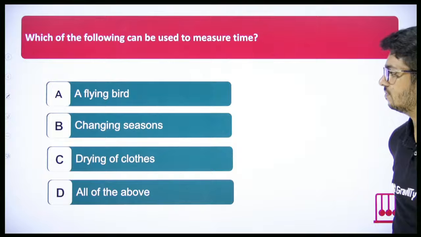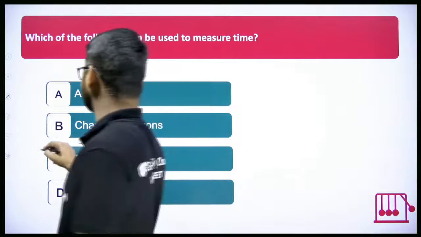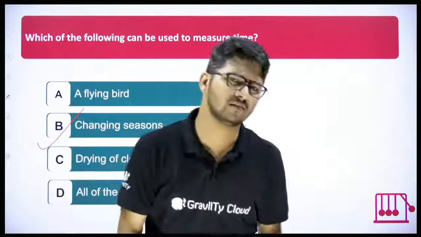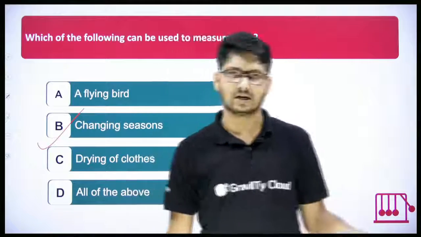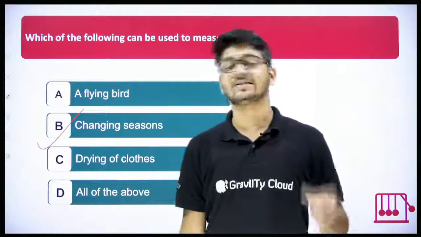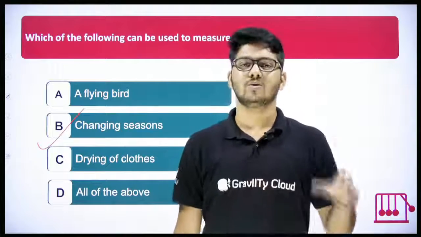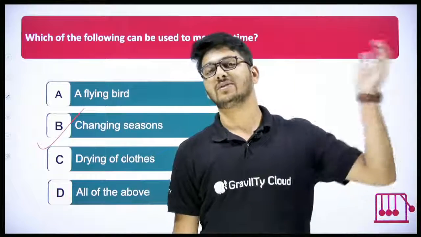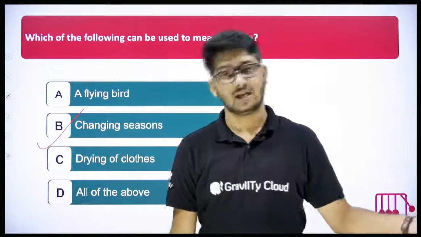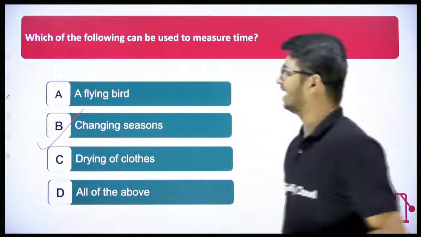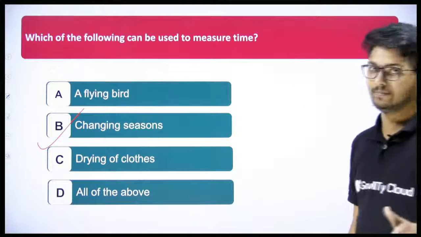The correct answer is changing seasons, because a flying bird is random. We don't know for how long it will fly or after how long it will come back. But with changing seasons, we know the exact time. One season has gone, the same season has come again, that means it is 1 year. Yes or no? The changing of seasons can be used to measure time.